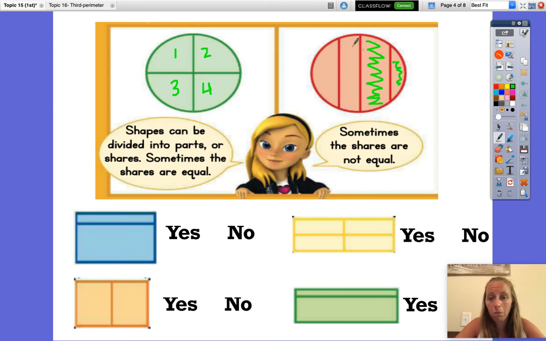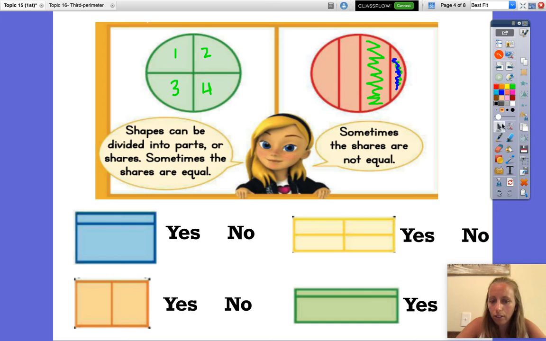If Miss Black had to share this cookie, and she got this blue part, she would be very angry, right? Because she loves cookies and she's getting a lot smaller piece than this one. So in this circle, the shares are not equal, okay? They are not the same.